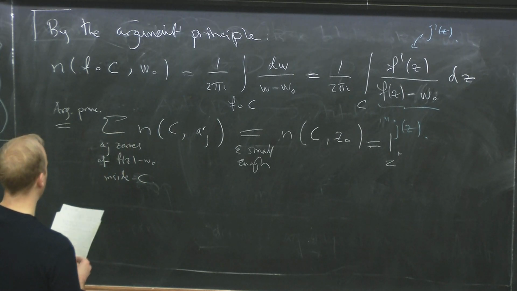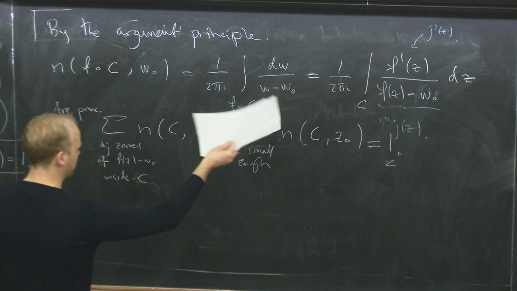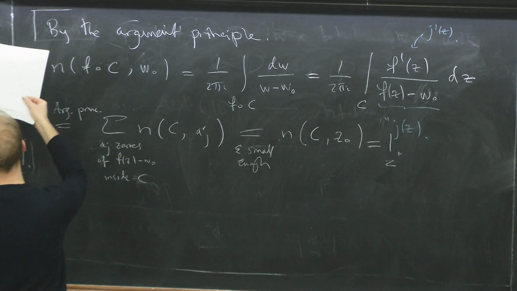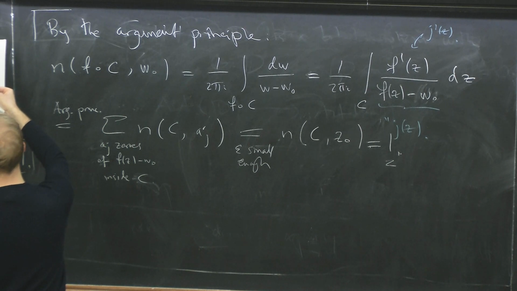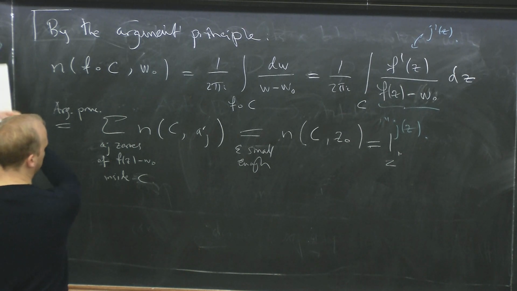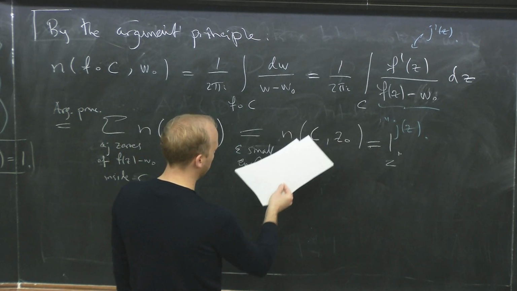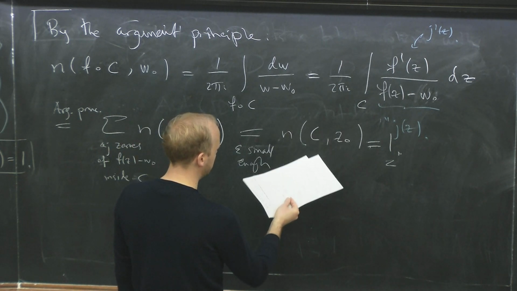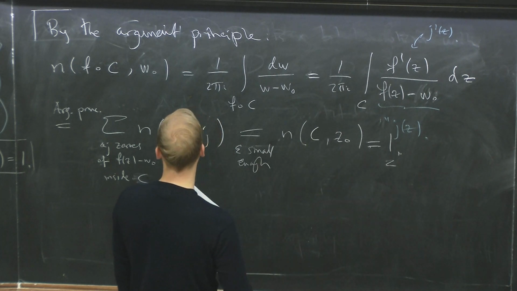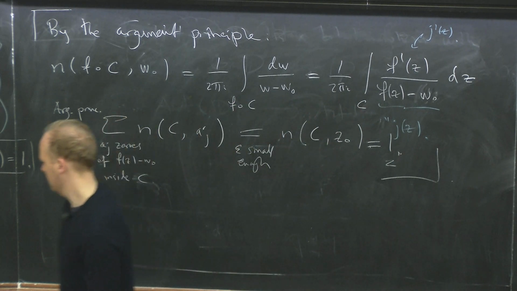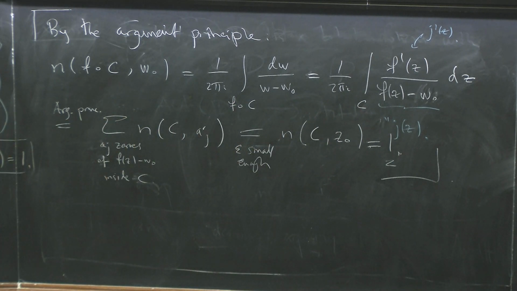Okay, so if we recap, what we showed with this two-line computation was that the winding number of this very complicated curve around w0, which is equal to f of z0, was equal to the winding number of just the simplest possible path, the circle around z0, which was 1. So then we proved this claim. And let's remember why we wanted to do this.